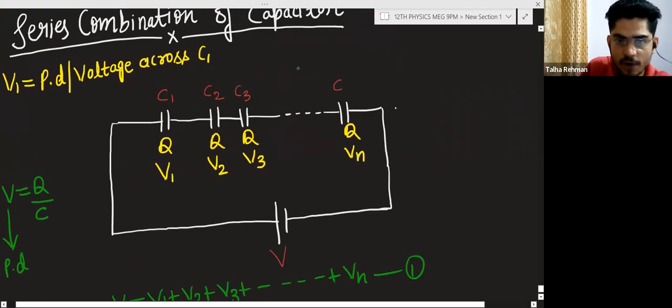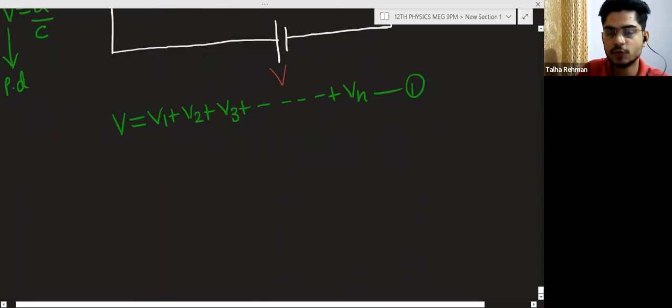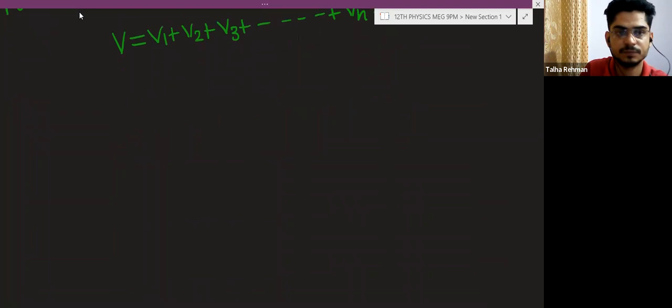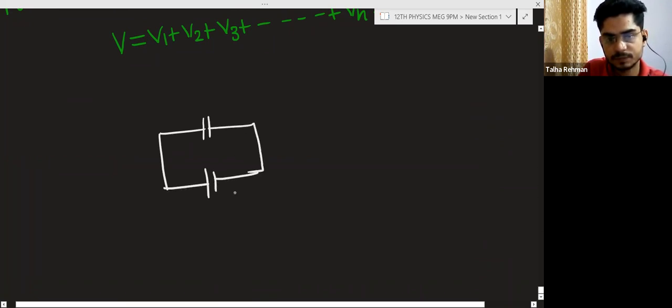Now instead of all these capacitors, I am taking a single equivalent capacitor. And here the potential is V and here is C equivalent.